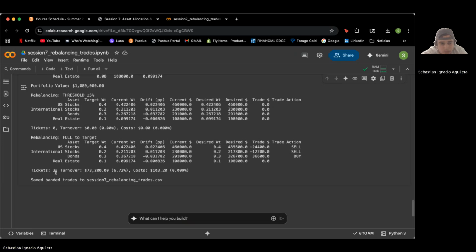One sells $24,400 of US and around $12,000 of international stocks, buys 36 grand of bonds, and real estate is essentially on target, as we can see here.